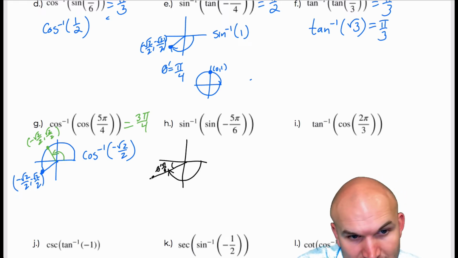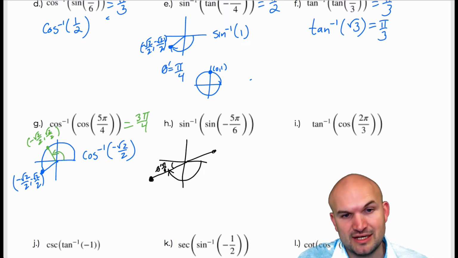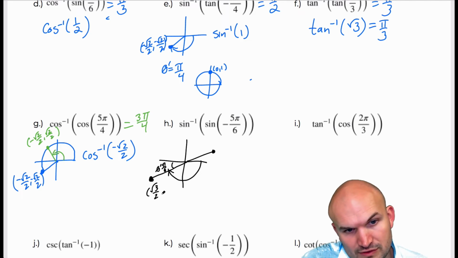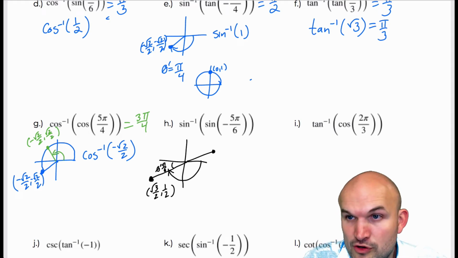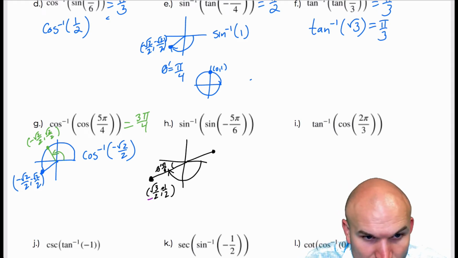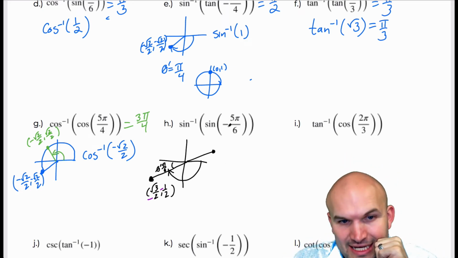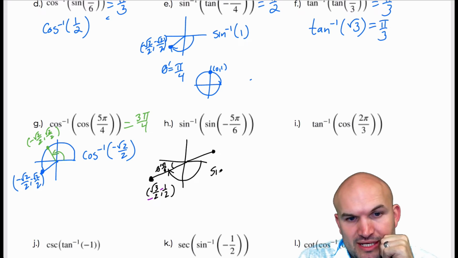So what I know about that is this coordinate point on the unit circle is going to have the same reference angle as in the first quadrant, which is square root of 3 over 2, comma 1/2. However, this point is in the third quadrant, so both of these coordinates are going to be negative. So the sine of negative 5 pi over 6 is going to be equal to negative 1/2.